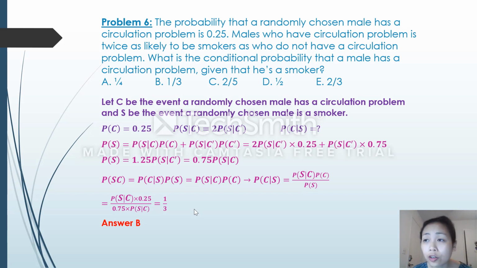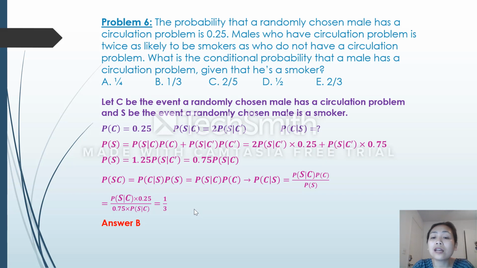So for conditional probability, the formulas are not easy to memorize, but it's not that hard. You really have to find a way to think about the formulas in words. For example, probability of S equals probability of S given C times probability of C plus probability of S given C prime times probability of C prime. S is smoker, so we have two cases.